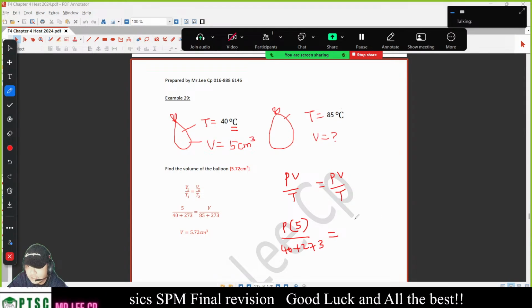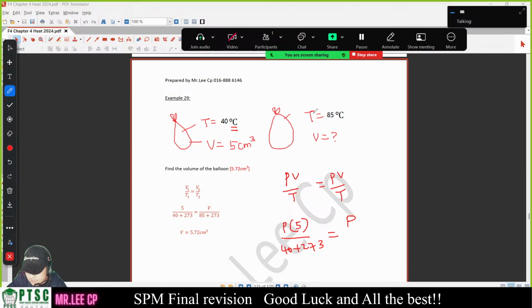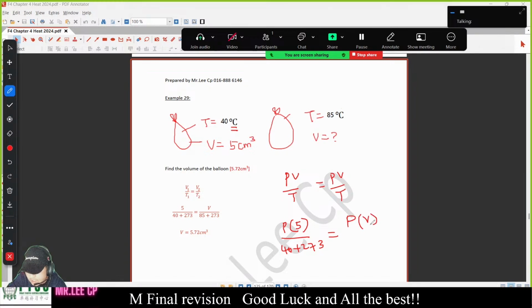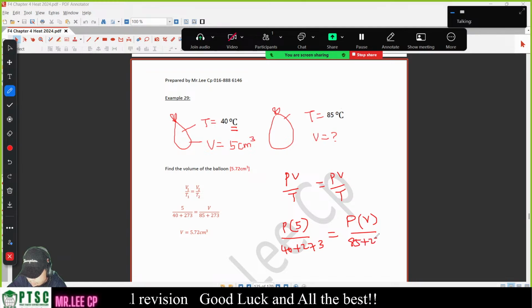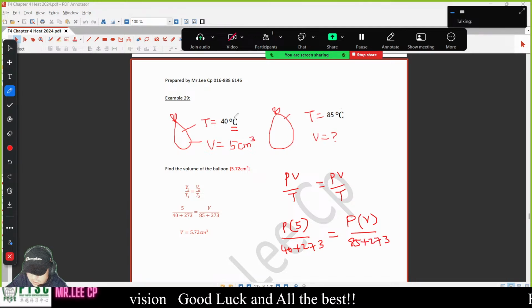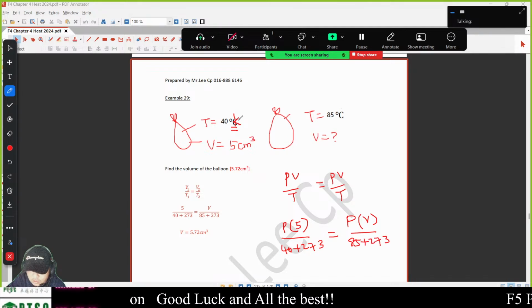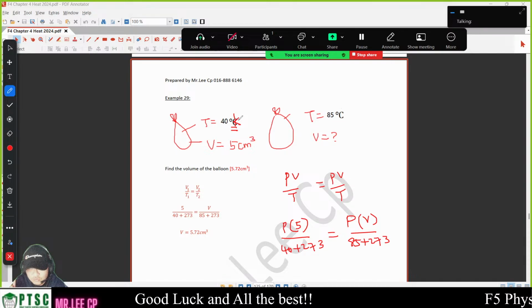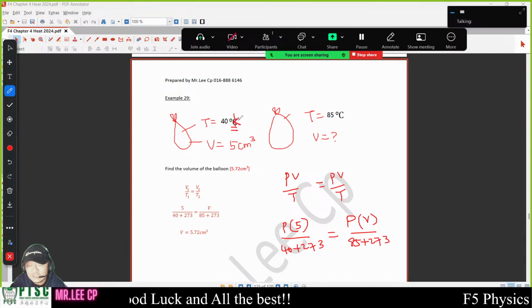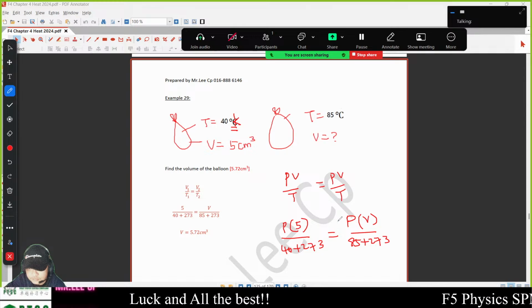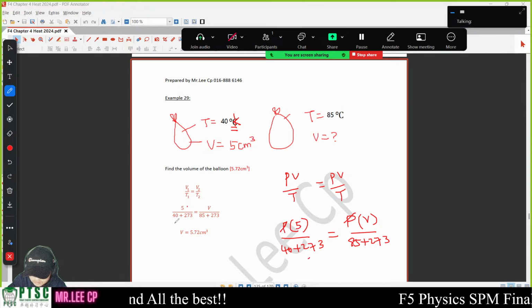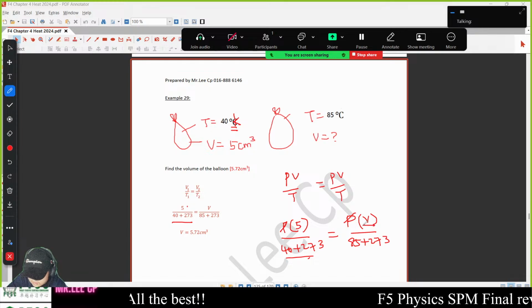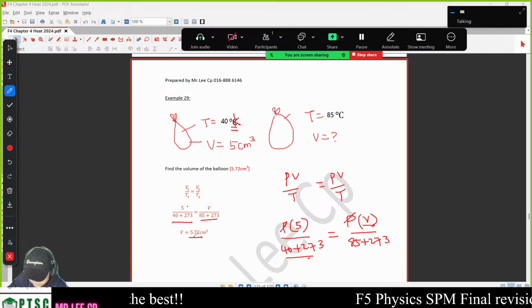Here, PV over T. P we don't have, V we don't know, T is 85 plus 273. If it is given in Kelvin, you don't need to add. If it is given in degrees Celsius, then you need to add 273. I cancel this one, so you get this over this, 5 over this is V over this, and you will get the answer.